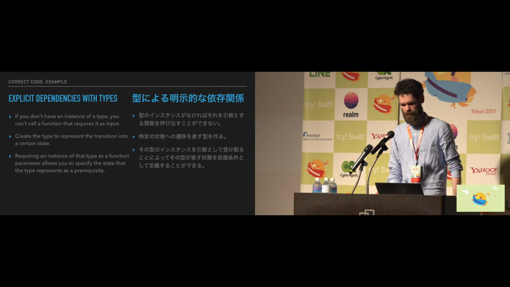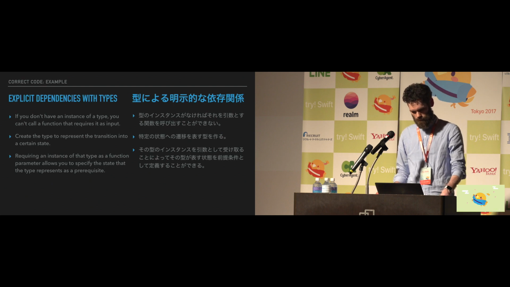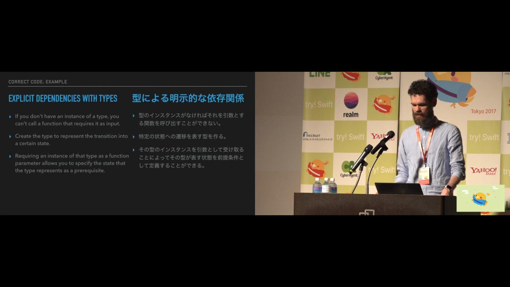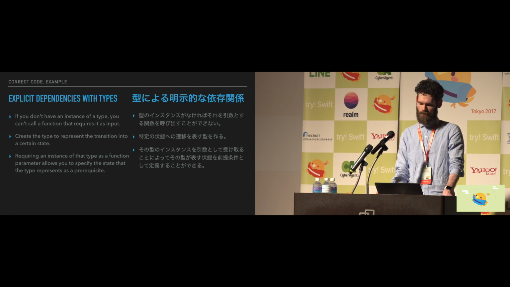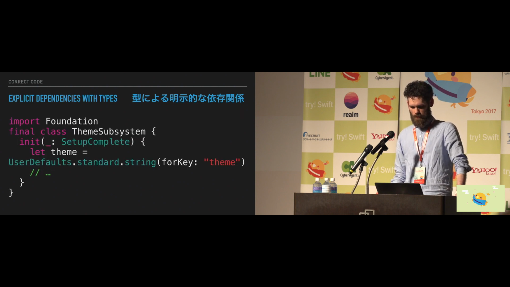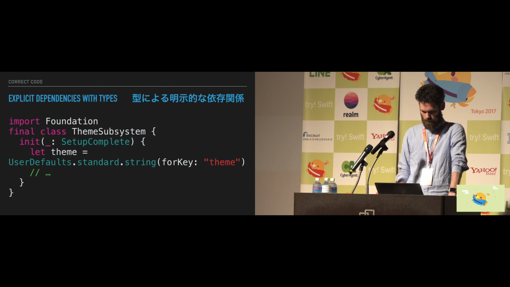Using this fact, we can create types that represent a transition in state. Requiring instances of those types as parameters to our functions allows us to specify this state as a prerequisite to calling the function. Going back to the code, we could fix this by representing this in the type system.